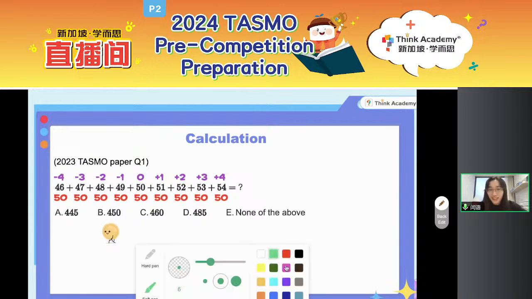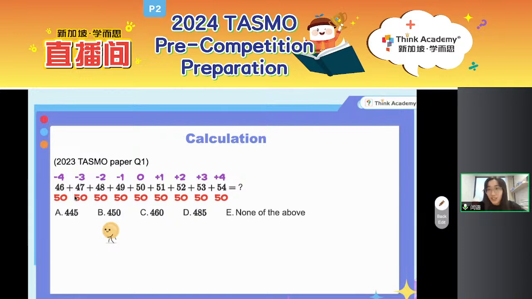And then what can we get? Everyone, you see that actually we can try to cancel some part. So for 46, we minus 4. But for 54, we plus 4. Then minus 4 can be cancelled with plus 4, right? And also here, we just do the same thing with minus 3 and plus 3. Minus 2 and plus 2.